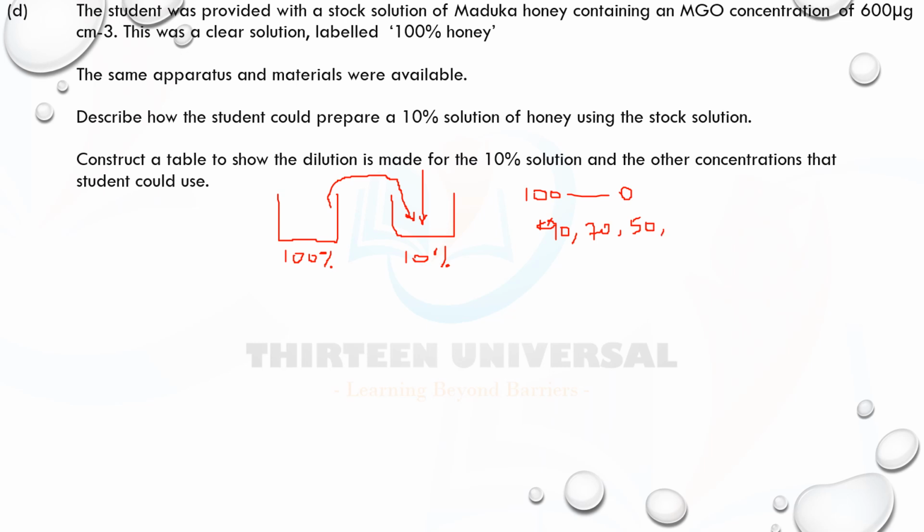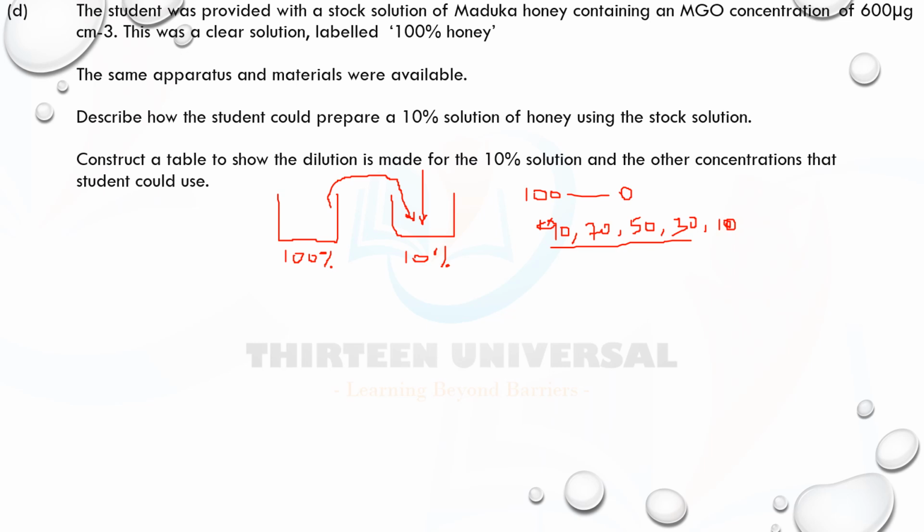The next is 30, and then the next, after 30%, is of course 10. We've been shown how to do it. So these are the range of concentrations. We're adding 3 more to it apart from 10. So 10%, 90%, 70%, 50%, 30%.